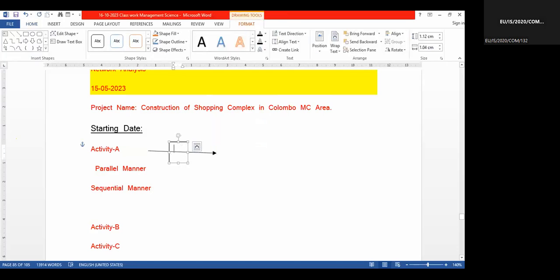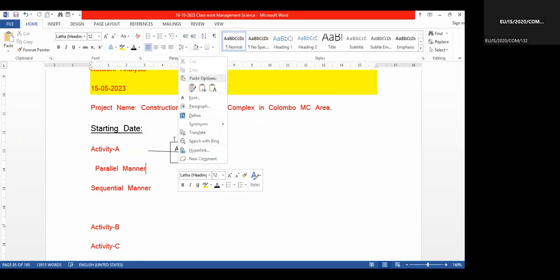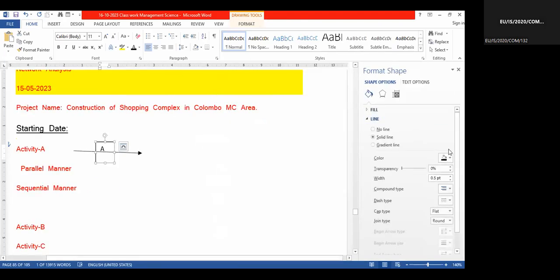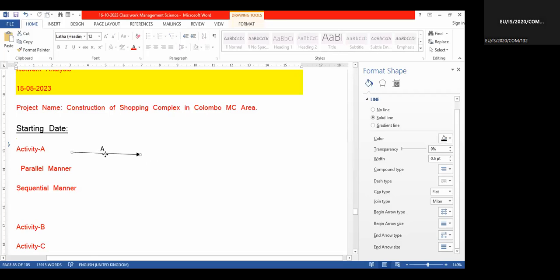This is called activity A. This is how we normally use the notation to denote the activities. The name of the activity is A. To denote the activity, we use an arrow mark.